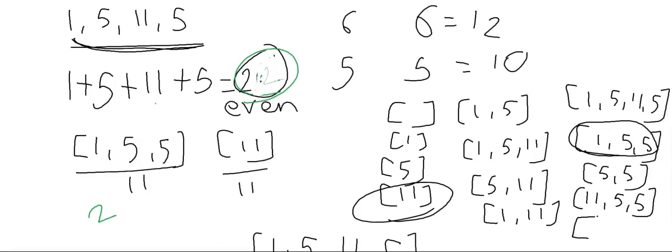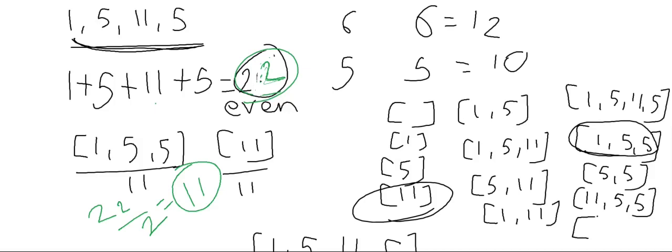I made a mistake. This is 22, okay? So now, if I divide 22 by 2, because I need to find the two subsets whose sum is equal. So 22 divided by 2 is 11. So I need to find a subset whose sum is 11.